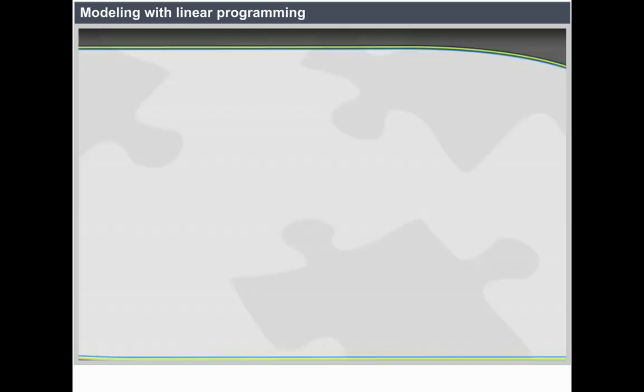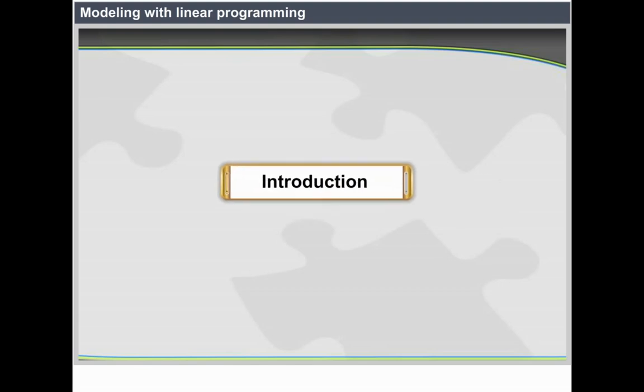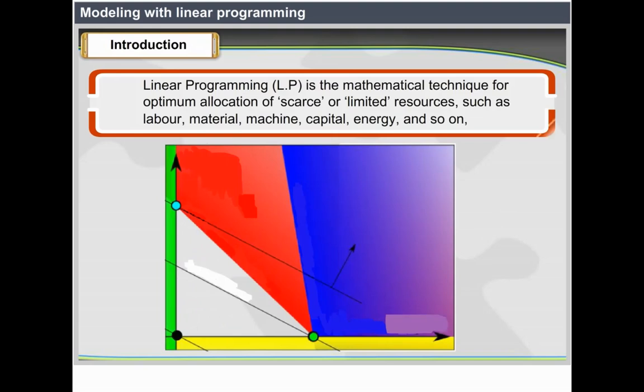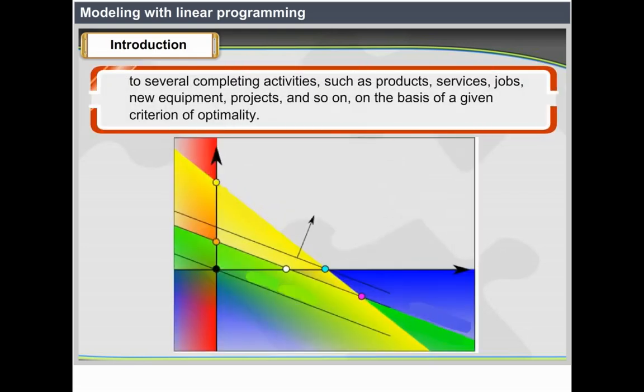Modeling with linear programming. Introduction. Linear programming, which we shortly call LP, is a mathematical technique for optimum allocation of scarce or limited resources such as labor, material, machine, capital, energy, and so on to several competing activities such as products, services, jobs, new equipment, projects, and so on, on the basis of a given criterion of optimality.